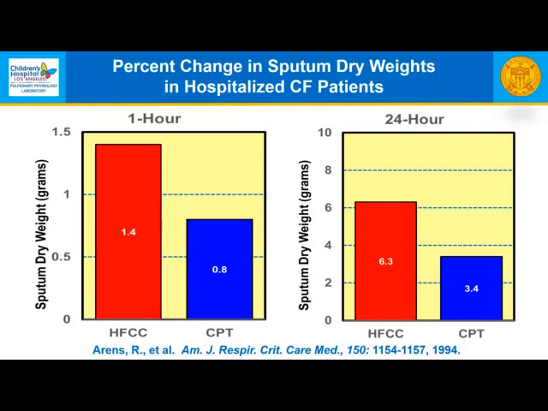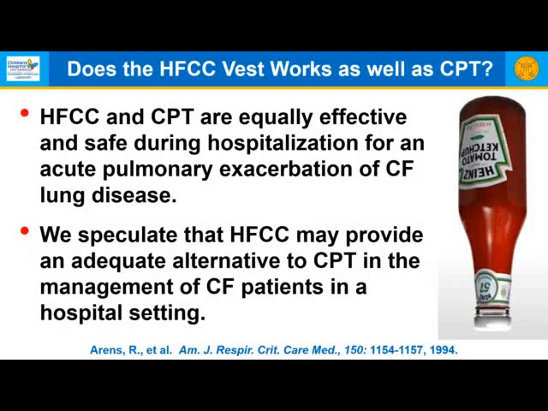This was sputum dry weight, and there was really no difference between the vest or chest PT at 1 hour or 24 hours. The high-frequency chest compression vest and chest PT are equally effective and safe during hospitalization for an acute pulmonary exacerbation of CF lung disease.